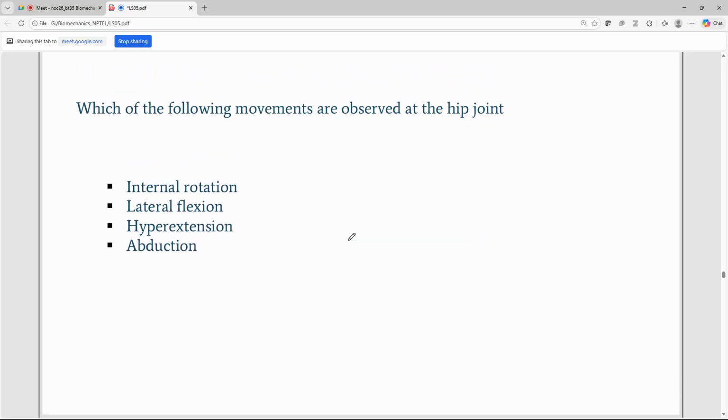Next question. Which of the following movements are observed at the hip joint? Options are internal rotation, option B lateral flexion, option C hyperextension, fourth one abduction. Which of the following movements are observed at the hip joint?